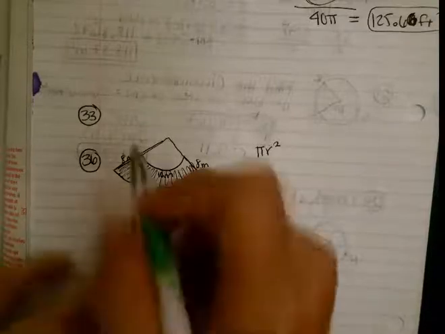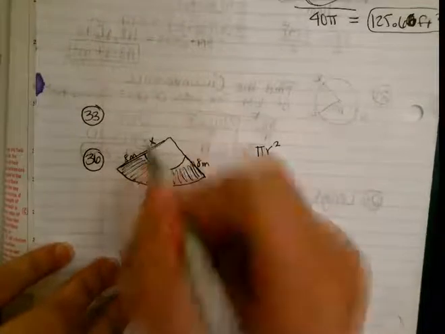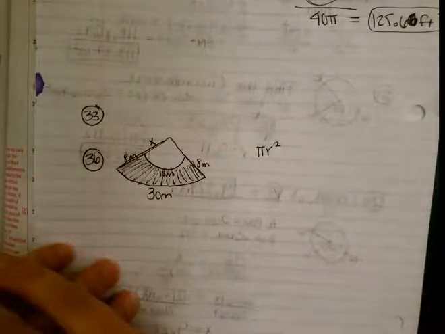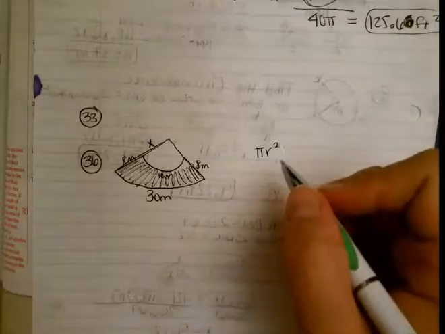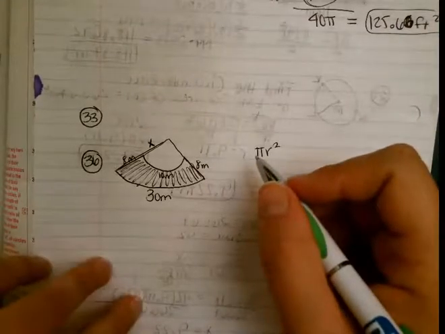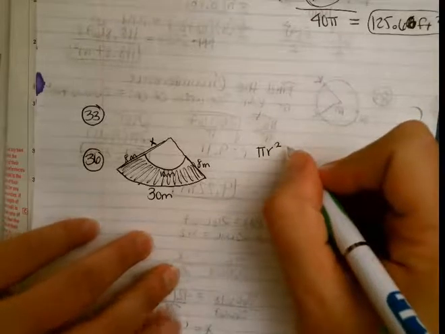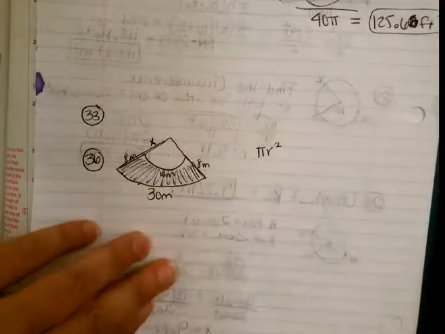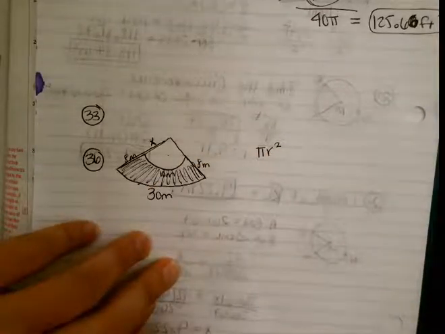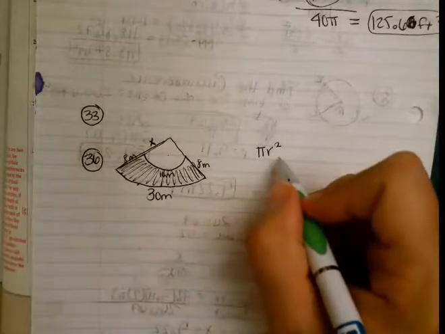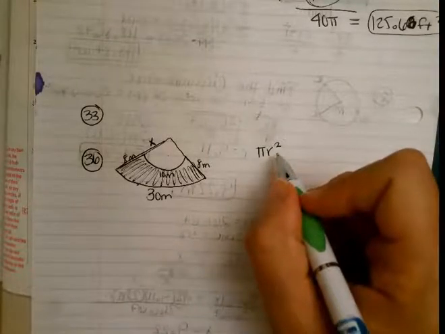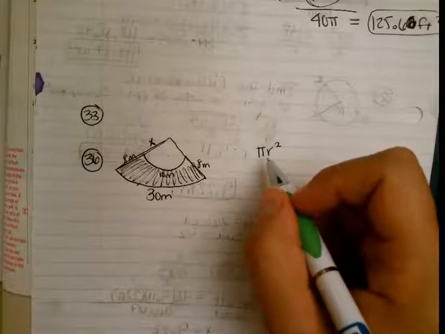Well, this is 8 and this is x. Did they give us the angle or anything? I don't think they gave us much information. And then we would have to subtract the area of this one, and this would be times the portion, right? So times however many degrees out of the 360.